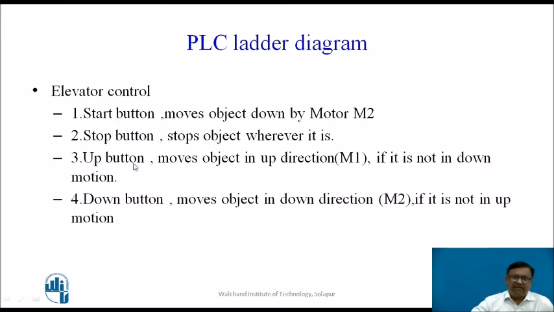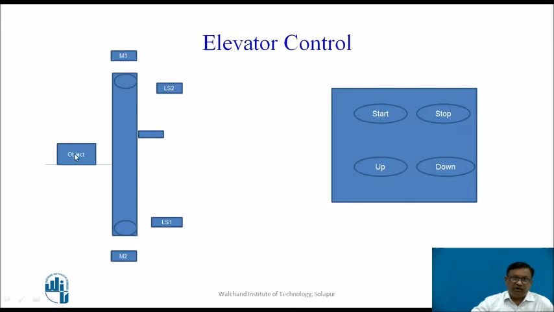Then the up button moves the object in the up direction by motor M1 if it is not already in down motion. Very important: if the object is moving downward and I press the up button, no effect will be there. If the object is not moving downward and I push up, then only the object will move upwards.